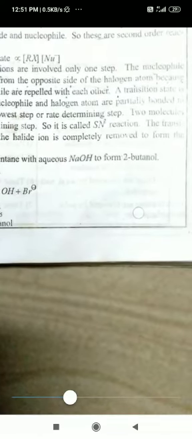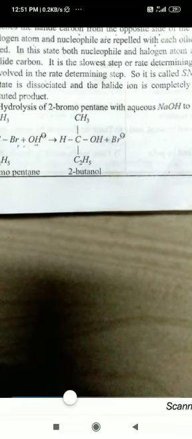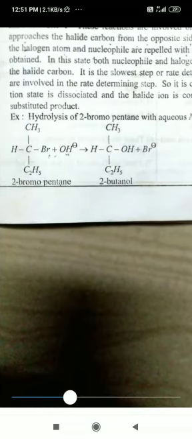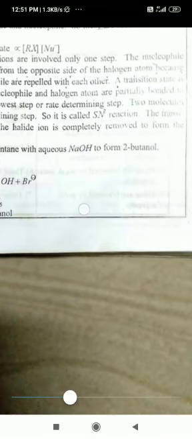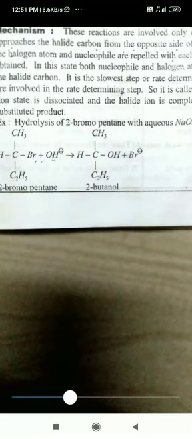In this state, both the nucleophile and the halogen atom are partially bonded to carbon. It is the slowest step or rate determining step. So two molecules are involved in the rate determining step. So it is called the SN2 reaction. The transition state dissociates and the halide ion is completely removed to form the substituted product.